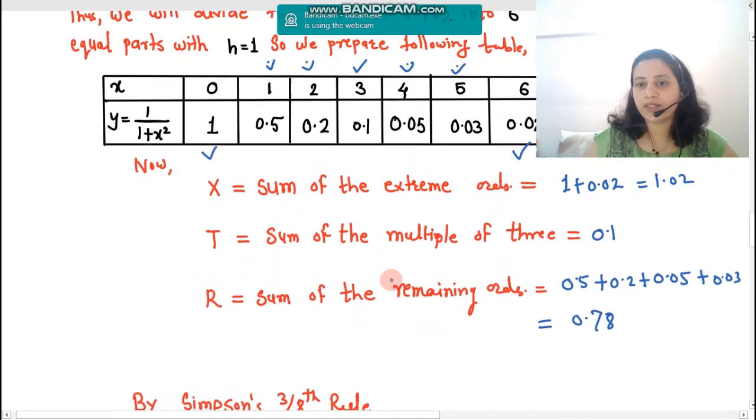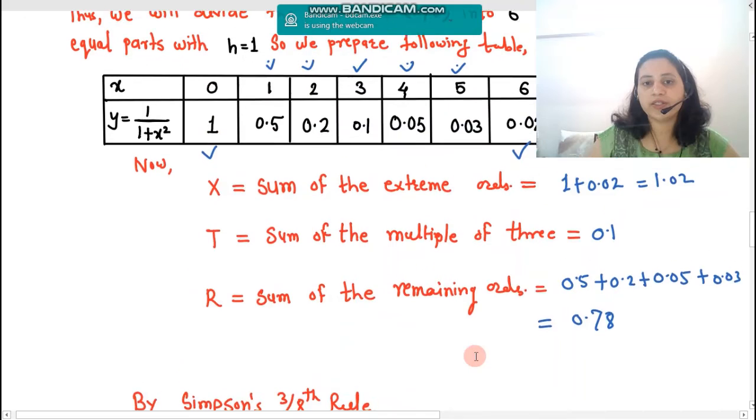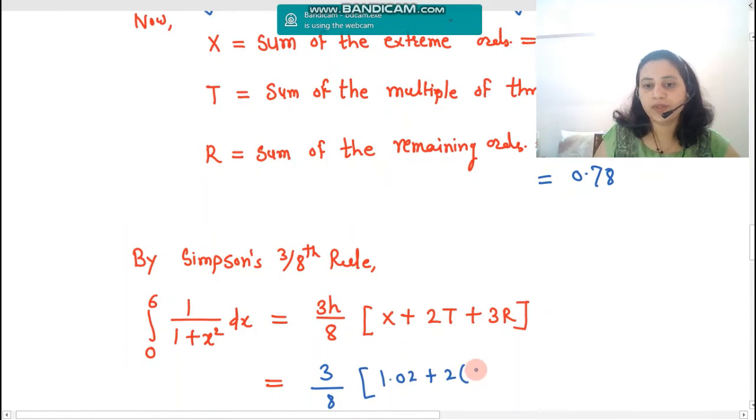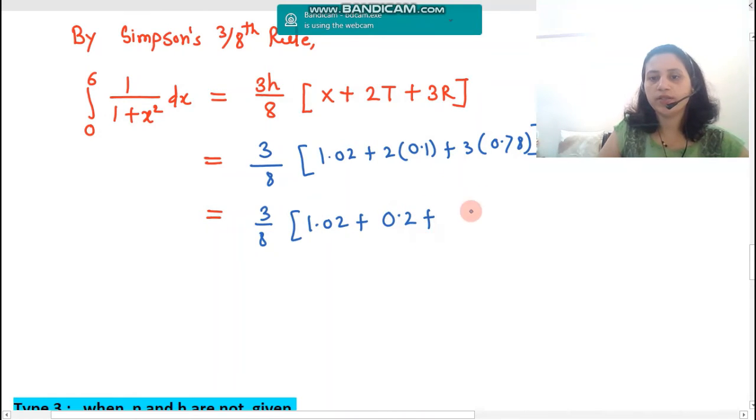What is the value of x here? 1.02. 1.02 plus 2 into bracket, what is t? 0.1 plus 3 into 0.78. So next step: 1.02 plus 2 into 0.1, that is 0.2, plus 3 into this, 2.34, right? Which is equal to 3 by 8.